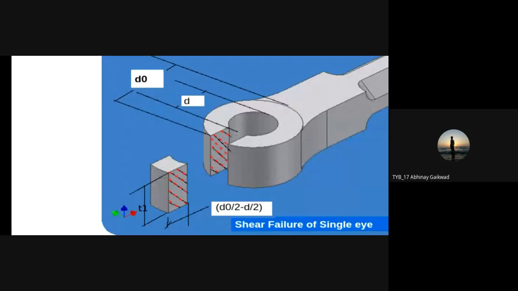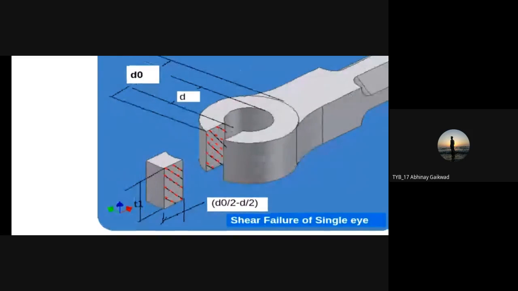Why? Because the dimension which is required is from one side only. So this DO by 2 minus D by 2 will give us the horizontal dimension of this shaded area. Now we have to take the vertical one.